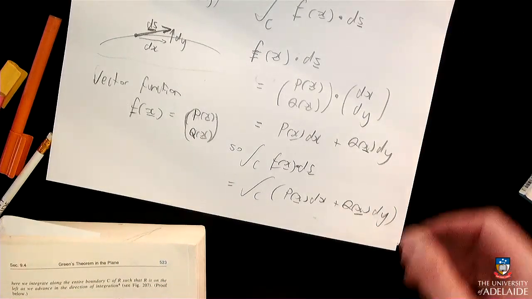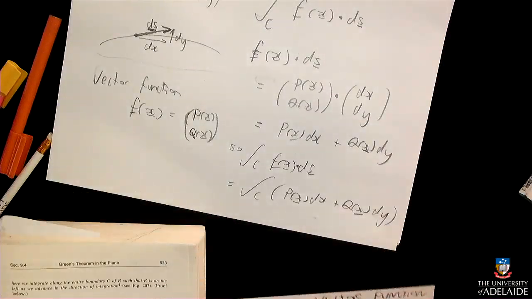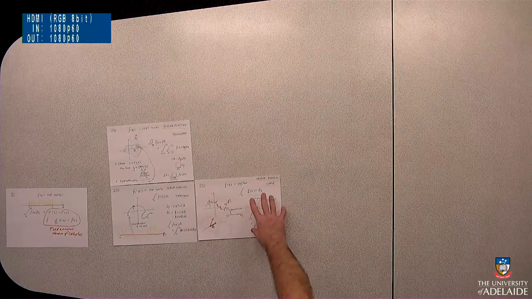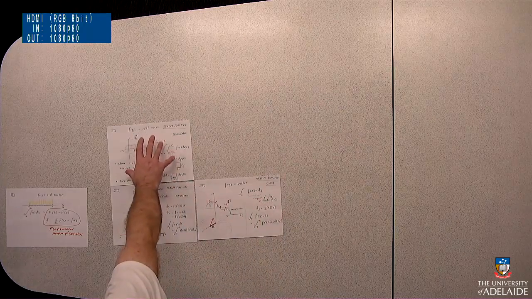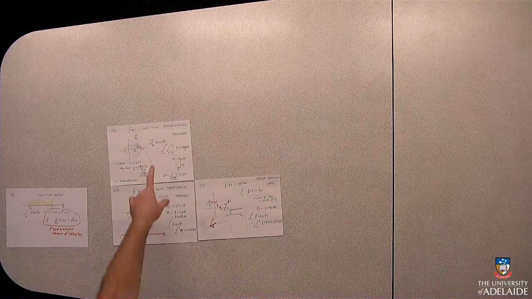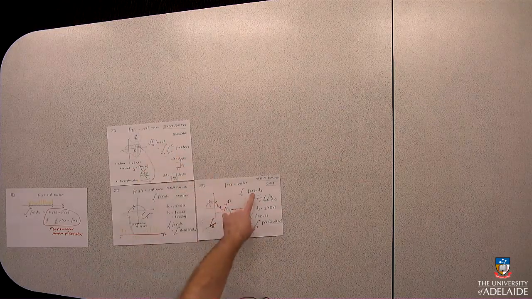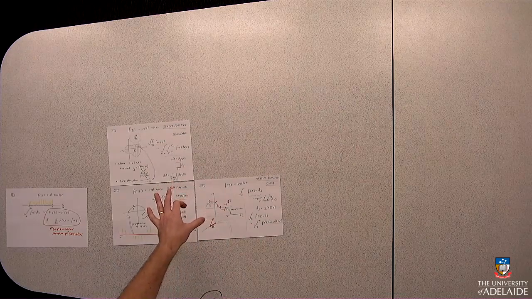So, what Green's theorem does is it connects together a vector function around a curve and a scalar function across a region. And it says as long as the function here is related to the function here in just the right way, then they will be equal to each other.